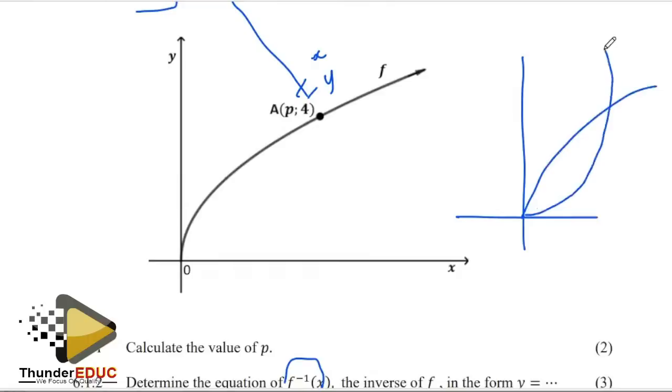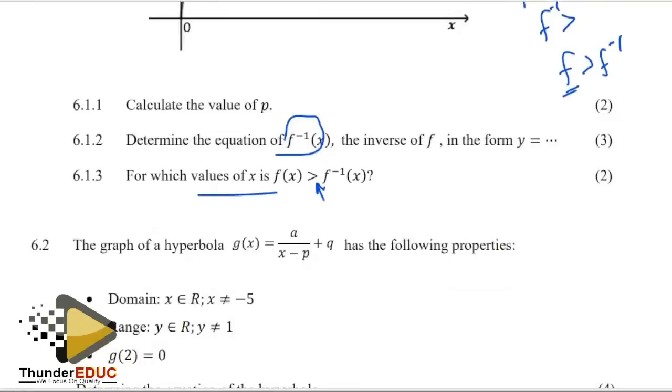Let's say this is my inverse, and that is my f at this point of intersection. When they say the inverse is greater, we focus on this point because the f is above. But when they ask for f being greater than the inverse, where do we find f to be above? We'll remember that as well.